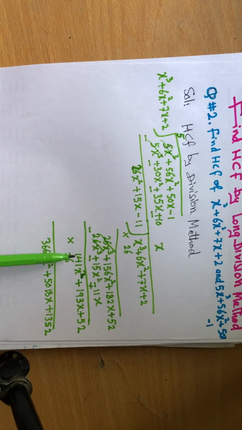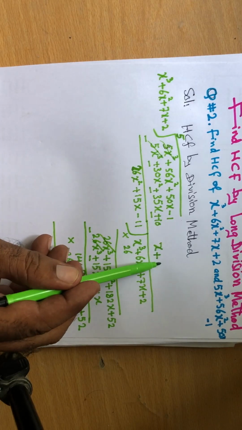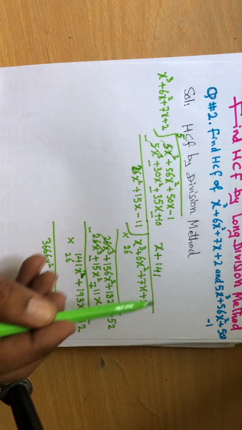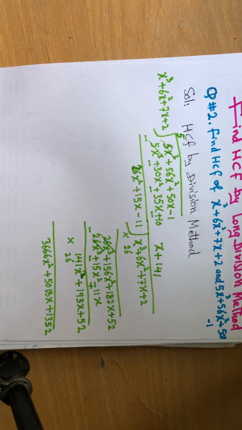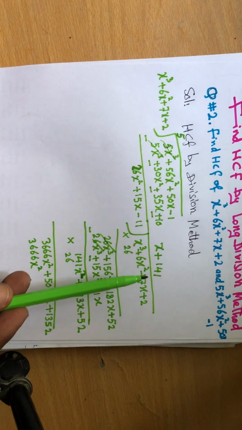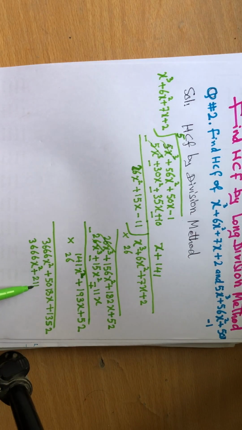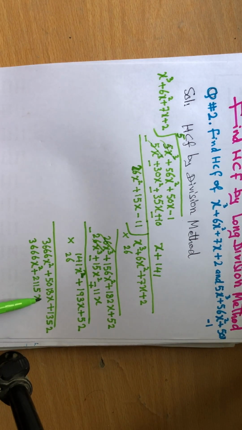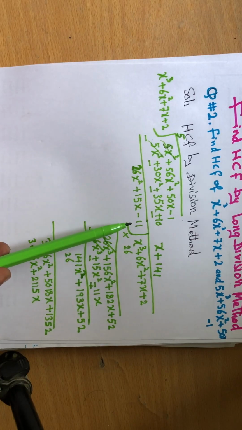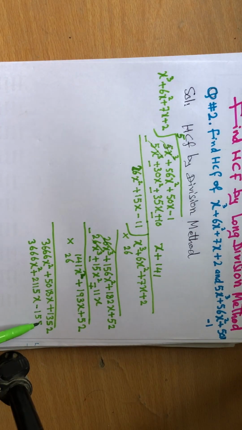After that, we know 26x square can catch this one. Simply multiply by 141, as we already multiplied 26 by 141 and 3666 came. 141 multiplied by 26x square comes 3666x square. 141 multiplied by 15x comes plus 2115x, and similarly 141 multiplied by minus 11 comes minus 1551.